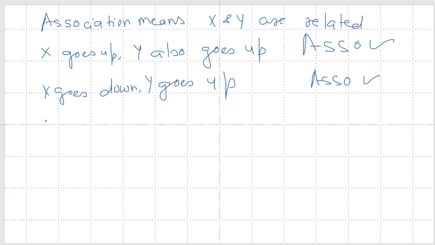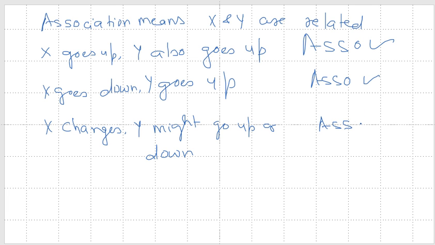But if x changes and we don't know what will happen, y might go up or down, then you'll say, I don't think there's an association. Right? Let's take an example.